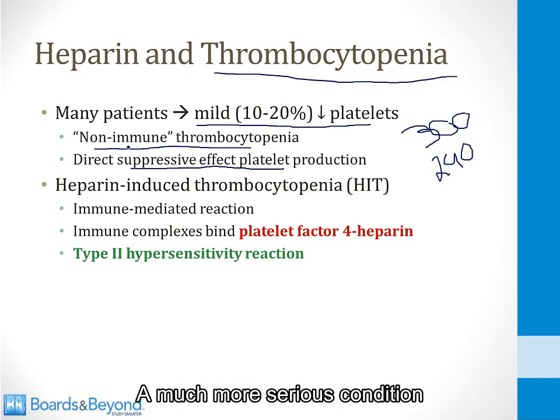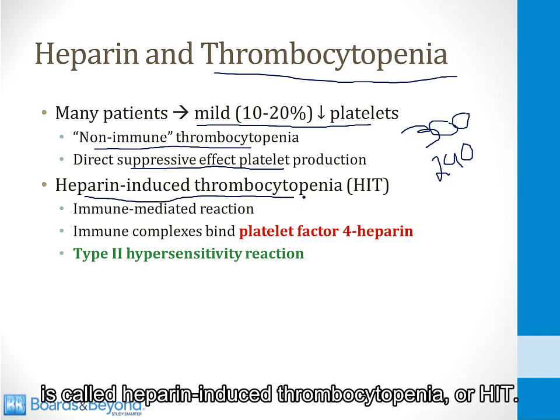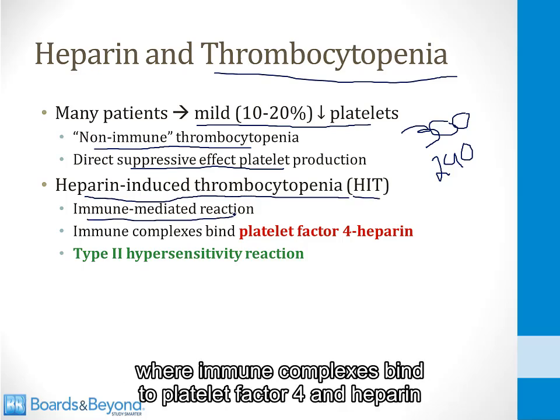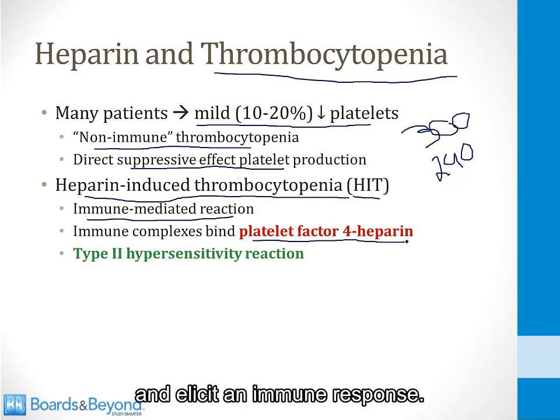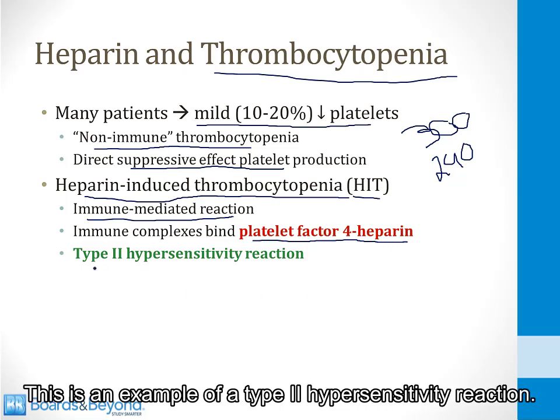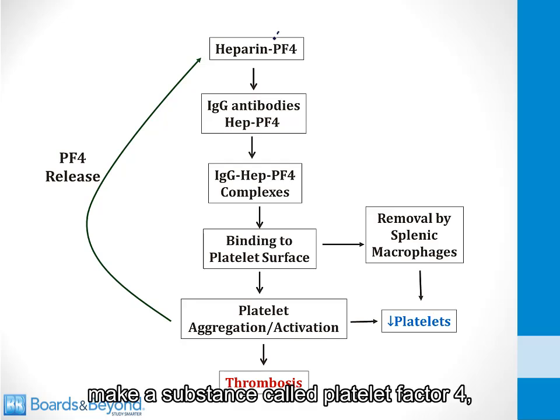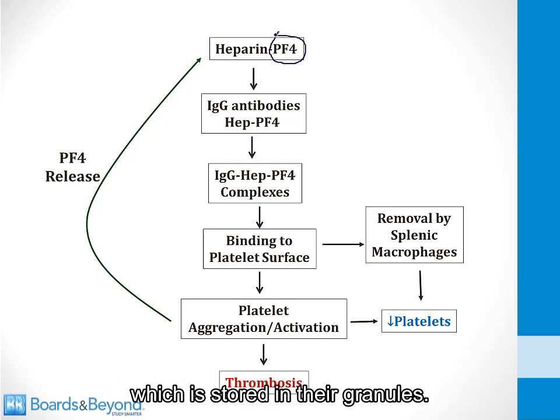A much more serious condition is called heparin-induced thrombocytopenia, or HIT. This is an immune-mediated reaction where immune complexes bind to platelet factor 4 and heparin and elicit an immune response. This is an example of a type 2 hypersensitivity reaction. To understand the pathophysiology of heparin-induced thrombocytopenia, you have to recall that platelets make a substance called platelet factor 4, which is stored in their granules.